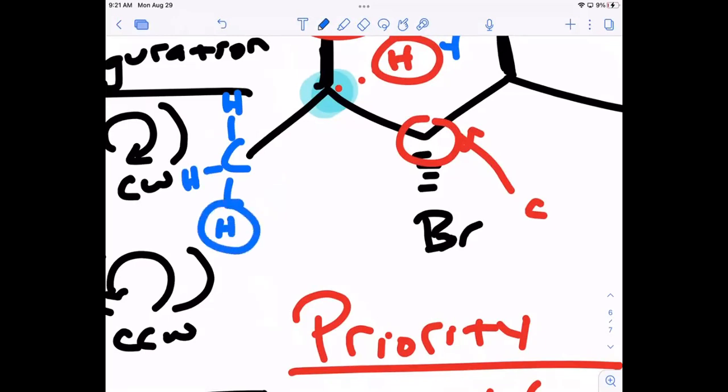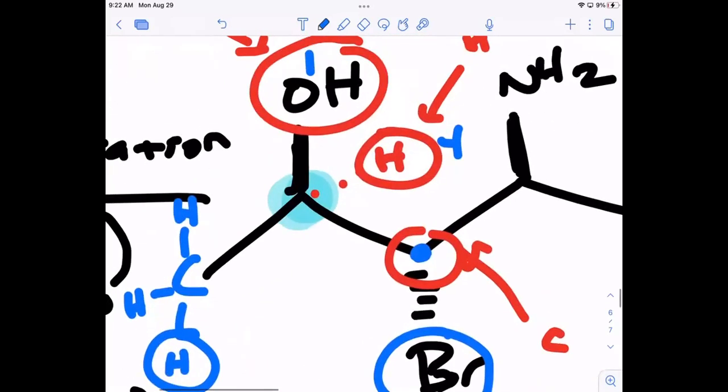The next group attached here is hydrogen, and on the carbon on the other side, the next group attached is bromine. Yes, it does have a hydrogen too, but there's no sense in comparing hydrogens because they have the same exact atomic mass, so it's a moot point. Go to the next atom if you have 2 atoms that are identical. So in this case, the carbon over here is going to be 2, and that by default makes this carbon 3. Any questions about that?